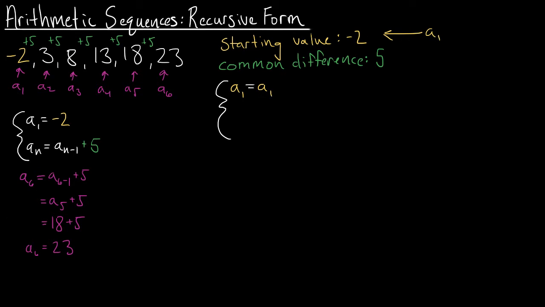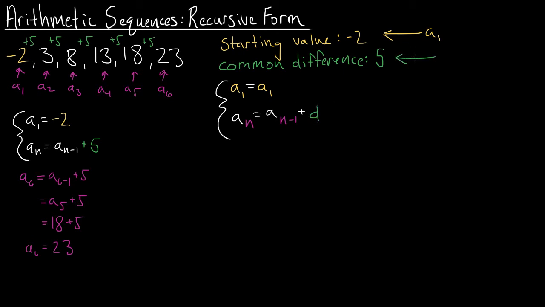And then my A sub n is equal to my previous value in the sequence, so A sub n subtract 1, and then plus whatever our common difference is, which we're using the variable name d.